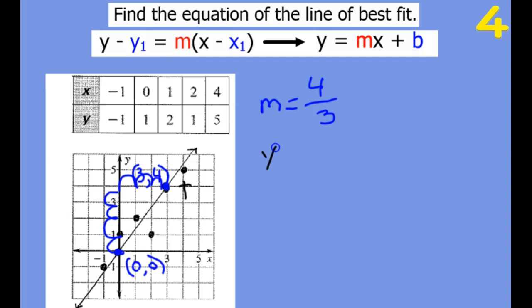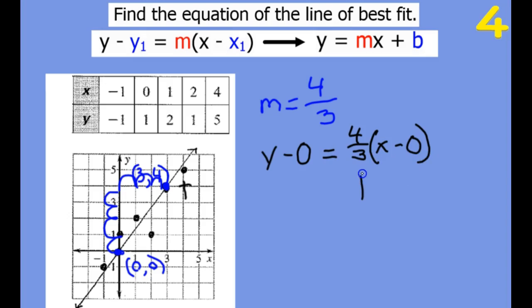So we have y minus y1. Let's use our zeros. So y minus y1, y1 is 0. So then we have 4/3, which is our slope, times x minus 0. Alright, now we need to get rid of these parentheses.